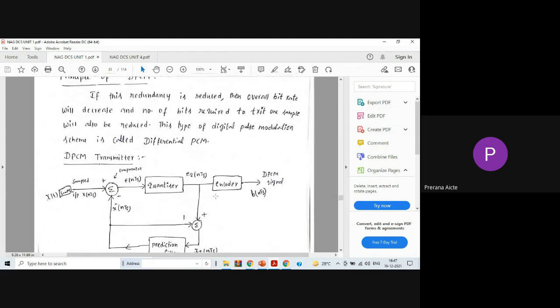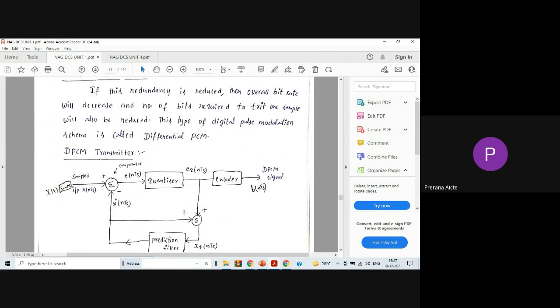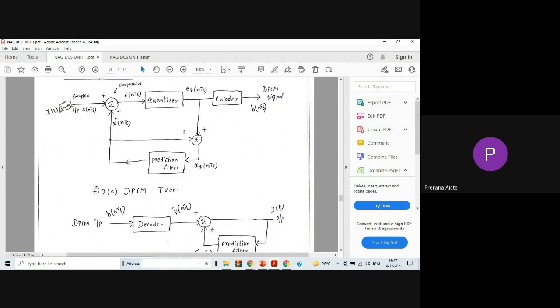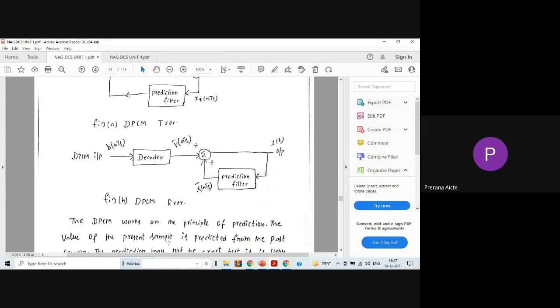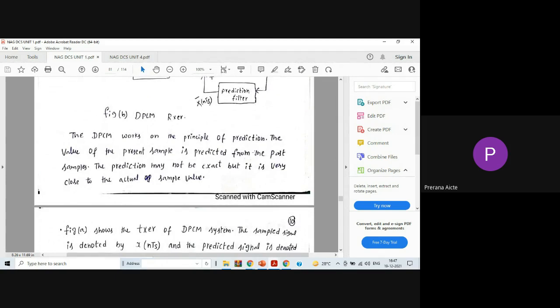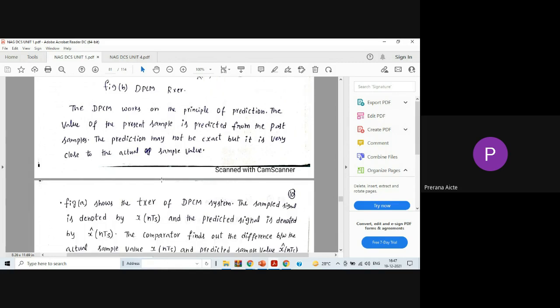It works on the principle of prediction. It predicts the present sample value from the past sample values using the prediction filter, and the predicted sample value will be as close as possible. The prediction may not be exact, but it is very close to the actual sample value.